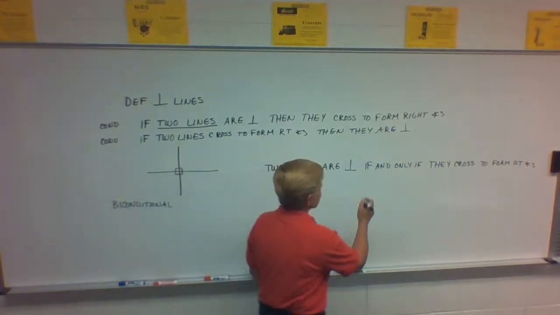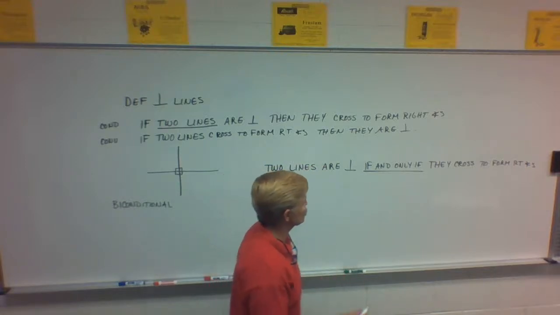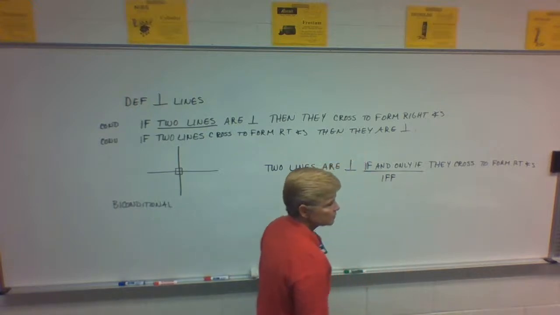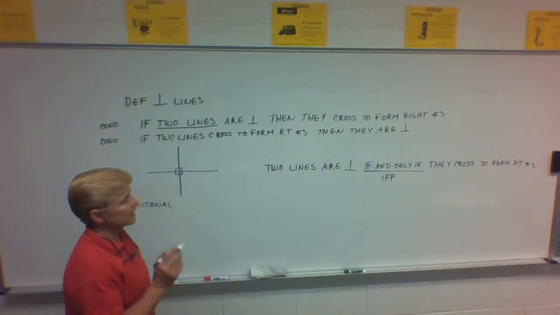This is where your if shows up. And in the future, when you have to write a biconditional, you may abbreviate this part of it this way. All mathematicians know how to read that. They've studied this logic stuff. If and only if can be abbreviated IFF.